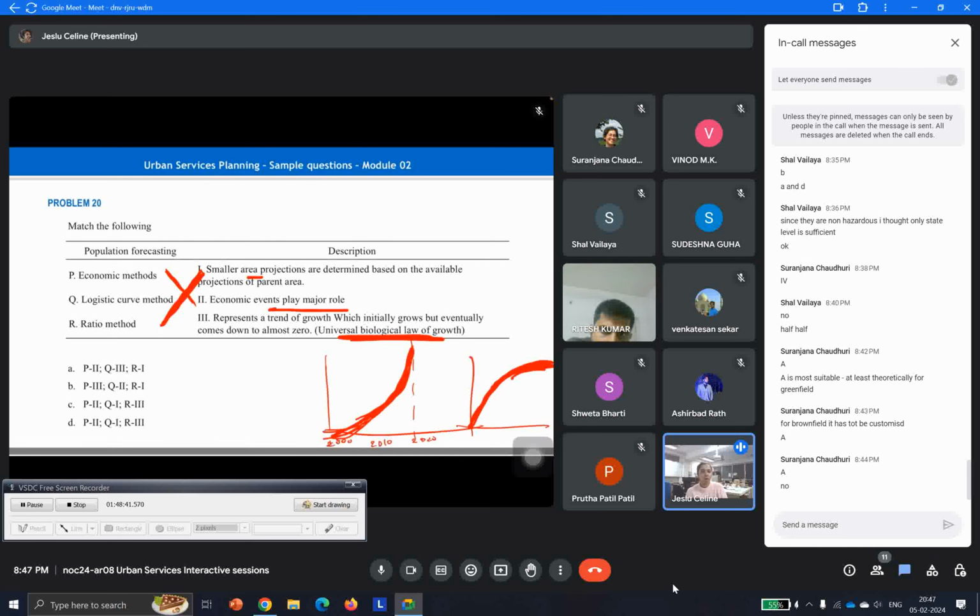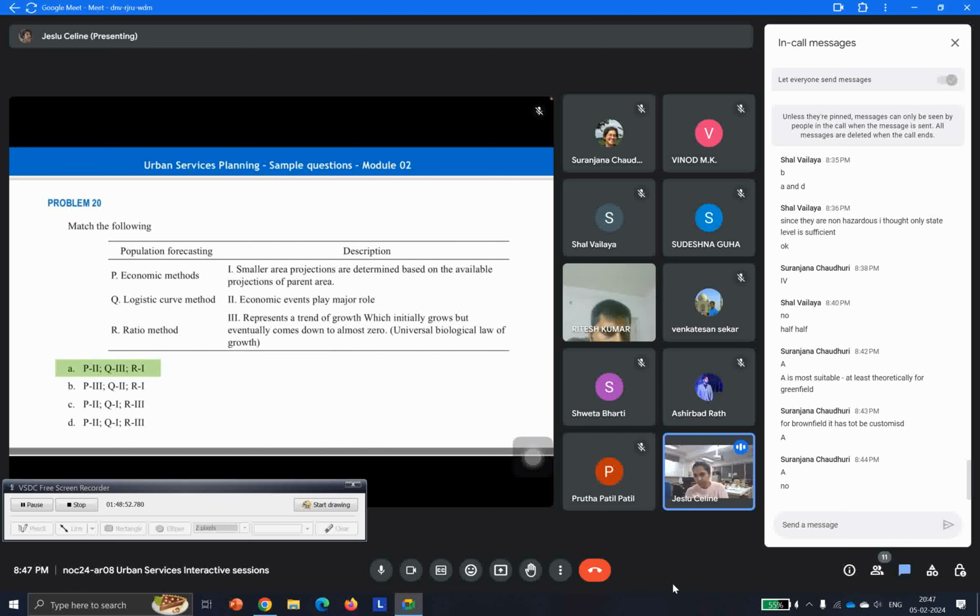After a point, it is not growing. So this is exponential, this is logistic curve. So you know it's exact opposite, right? So that works out to which option? Option A again, right? So let's go to the next question.